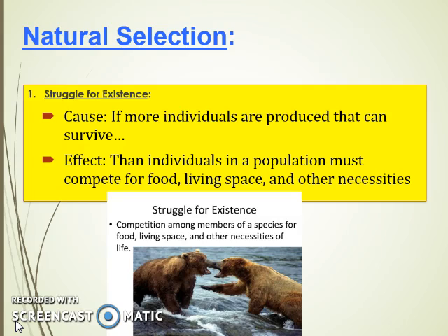So if more individuals are produced than can survive within that ecosystem, passing that carrying capacity, the individuals in the population will then compete for food. When we're running out of food, they'll run out of shelter, they'll run out of space to live in.